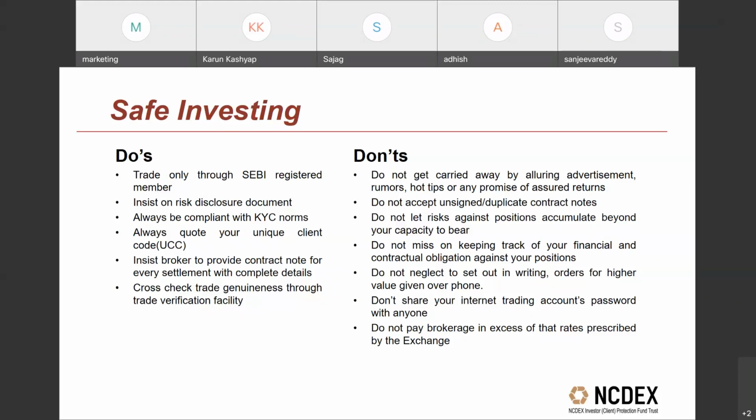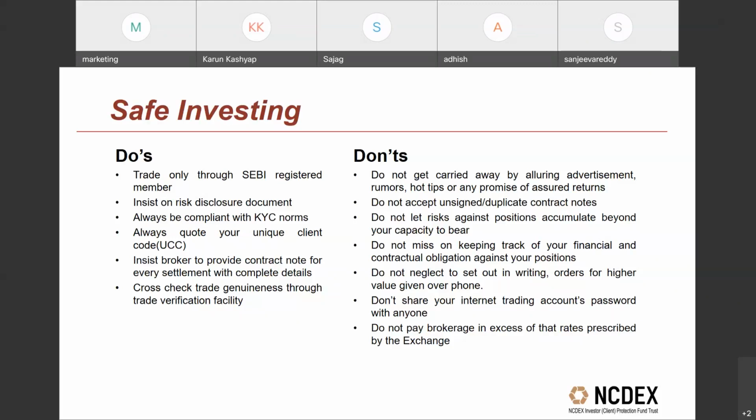Do not take unsigned contract notes, because in that case we don't have any claim on our trades. Do not overtrade; whatever our capacity is, we should trade only according to that. We should not leverage our trades too much.